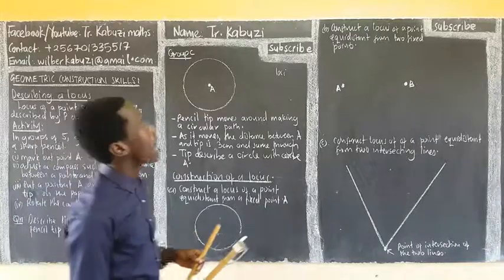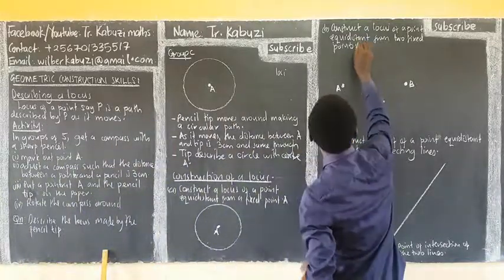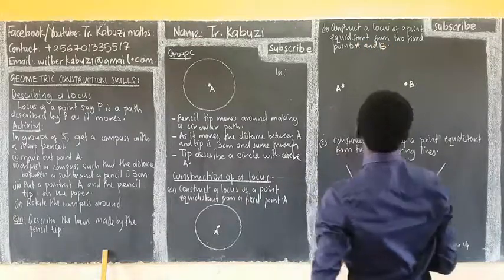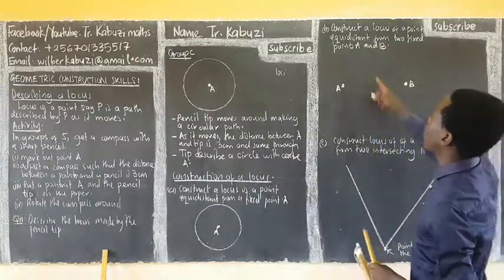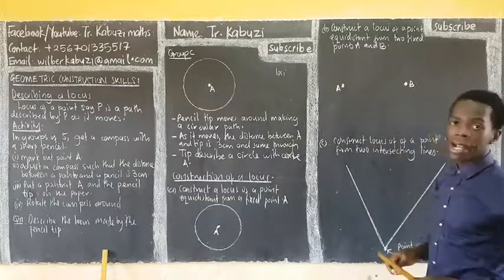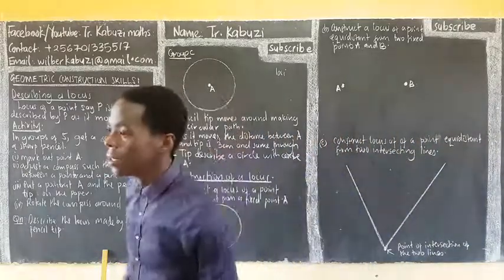So here, when we now have 2 fixed points A and B, the only locus you can get is a line having the distance from here up to here the same as there. So what do you think we are going to do there? What did that group do?